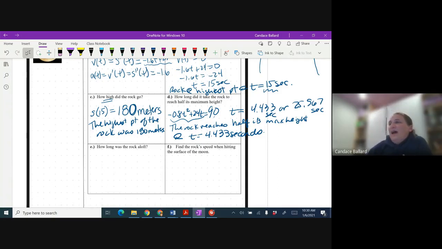Okay. So how long was the rock aloft? Meaning, how long was that rock in the air? Okay. What are some ideas of how we would figure out how long it's in the air? Think about what the height would be when it's not in the air anymore. Okay, so I'm going to give you about 30 seconds of think time. You can start typing it in the chat if you know it.